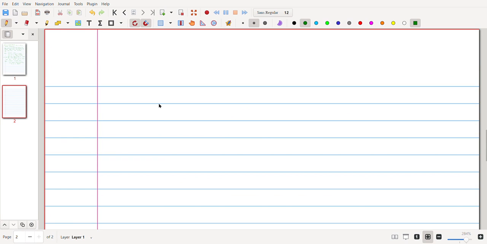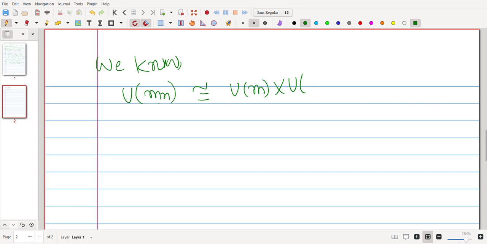Okay, the next one is, we know U(mn) is isomorphic to U(m) cross U(n) if GCD of m and n equals 1, where U(n) is basically the group under multiplication modulo n.